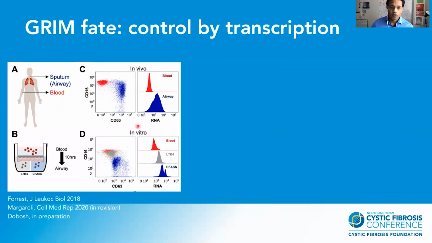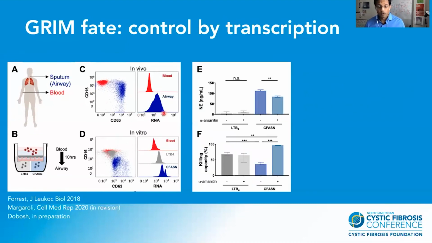And concomitant with the formation of this GRIM phenotype, we could see very clearly, both in vivo and in vitro, that GRIM neutrophils accumulate a lot of RNA. So what we did was we actually inhibited de novo transcription by alpha-amanitin. And what we found is that in the context of CF ASN, this leads to a decrease in the release of elastase, but also this leads to an increase in the killing of bacteria.